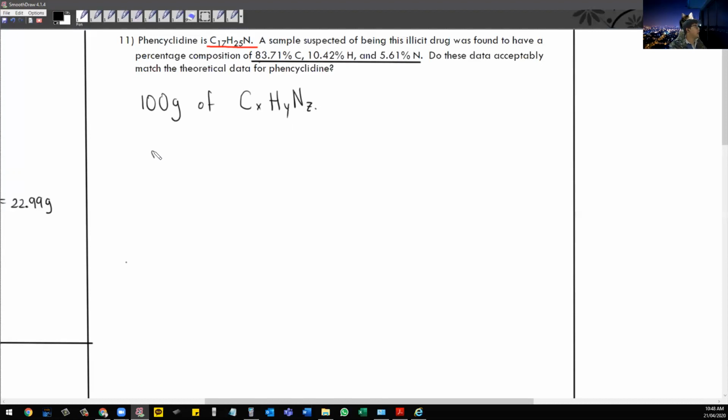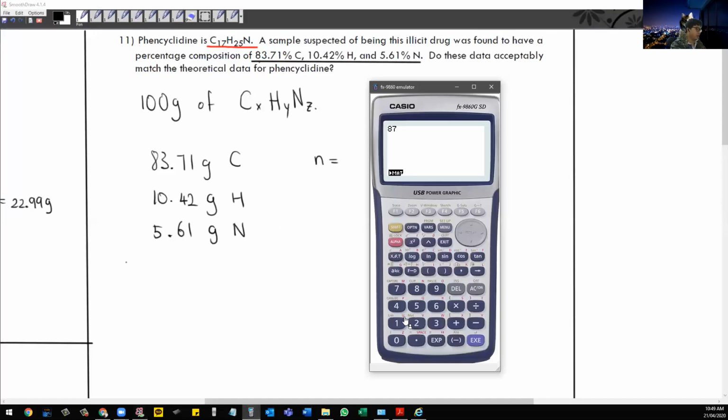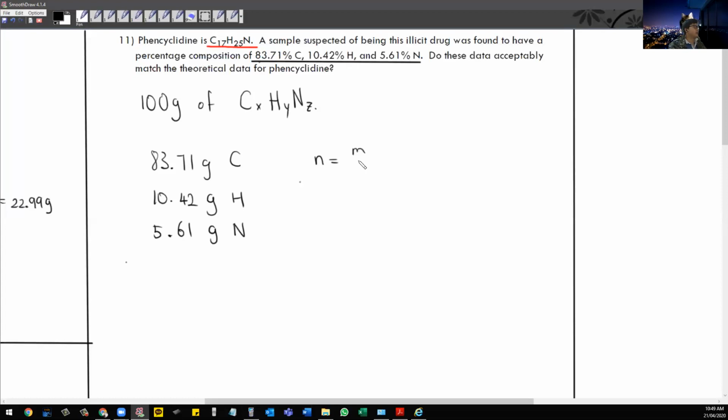Then, of course, 83.71 gram will be carbon, and then 10.42 gram will be hydrogen, and then 5.61 gram will be nitrogen. So, how many moles does this correspond to, right? So we just divide 83.71 by 12.01, okay? So what I did there is mass divided by the molar mass. That's 83.71 divided by 12.01. So that gives me about 6.97.